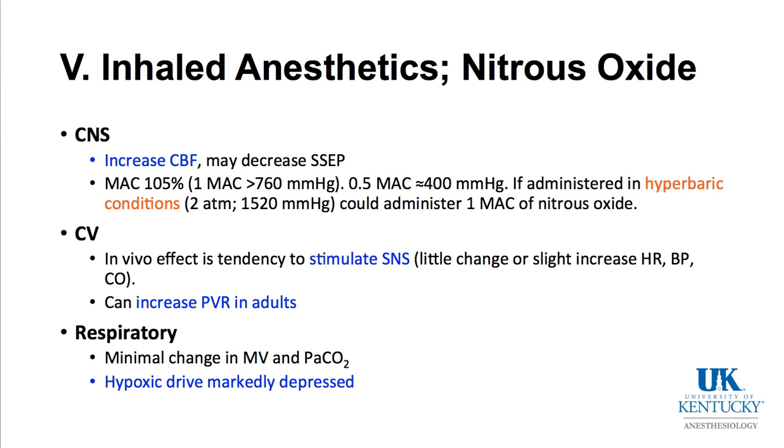So if you have a patient with pulmonary hypertension, ketamine and nitrous oxide, probably not the greatest choice. Hypoxic drive is markedly depressed by nitrous oxide, and the volatile anesthetics often also markedly depress hypoxic response. That is, if you become hypoxic, normally you should hyperventilate. If nitrous oxide is being breathed at the same time that you become hypoxic, you will not hyperventilate the same.